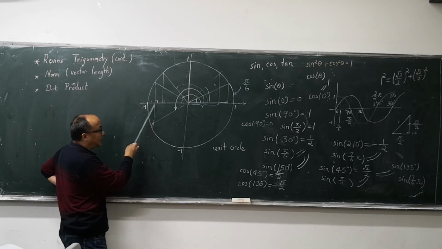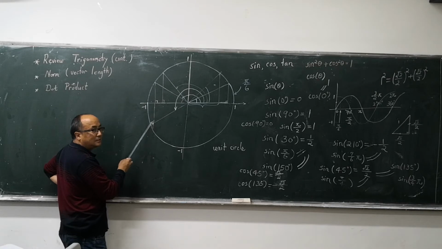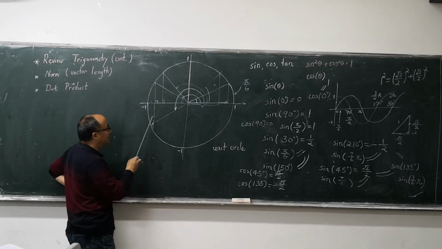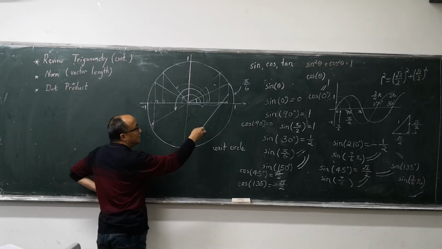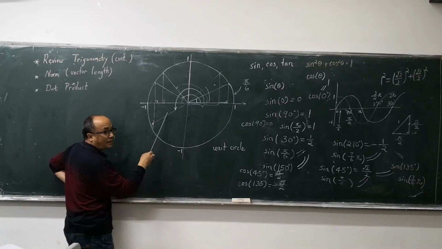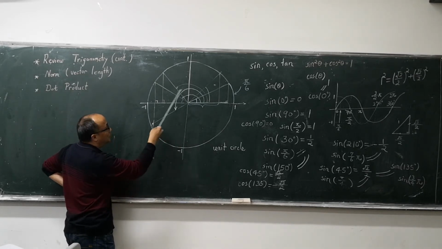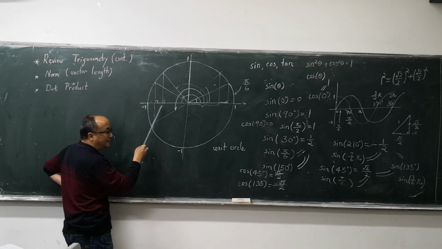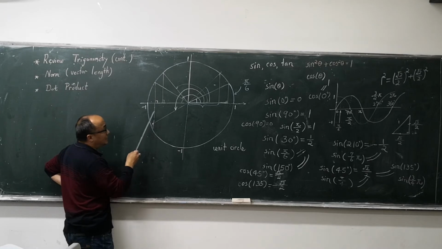It's negative, right? -1/2. This and this are the same. Here is a 30 degree angle, and here is a 30 degree angle. But we already have 180 and 30 degrees, so it's 210. So this is -1/2.